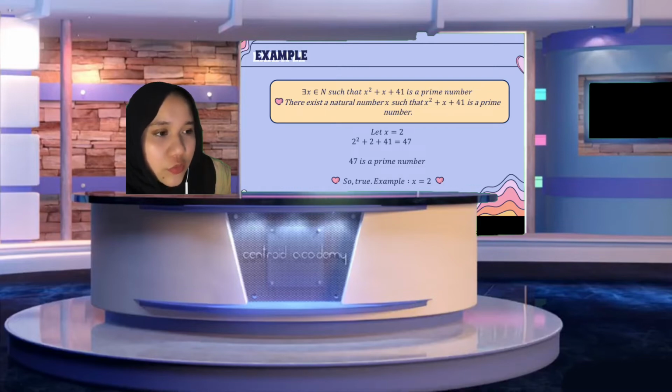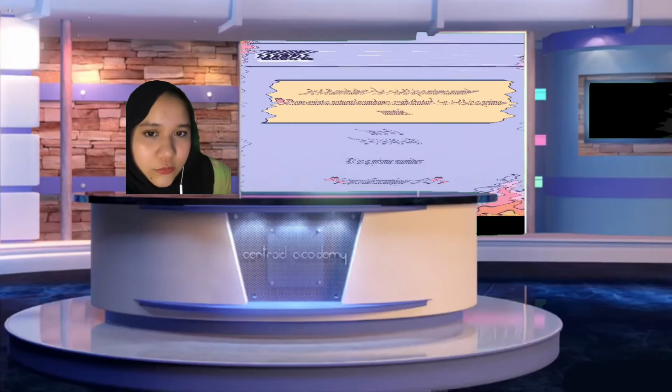So it will be 2 to the power of 2 plus 2 plus 41 equal to 47. Then we need to make sure if 47 is a prime number. As we can see here, 47 is a prime number, so it is true. And we need to put the example x equal to 2.